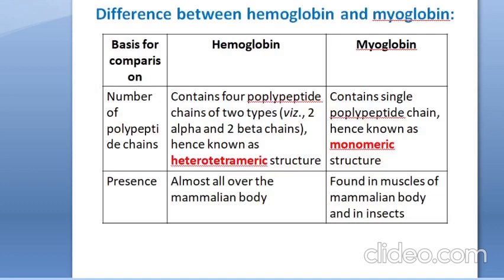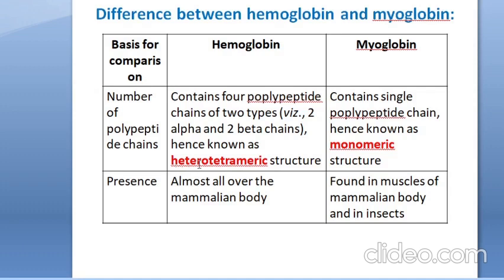Again, there may be some questions asked based on the differences between hemoglobin and myoglobin. Basically, myoglobin is found in muscles in the mammalian body, and of course in some insects. Hemoglobin is present almost all over the mammalian body. One most important difference between hemoglobin and myoglobin structure is that hemoglobin structure is heterotetrameric.